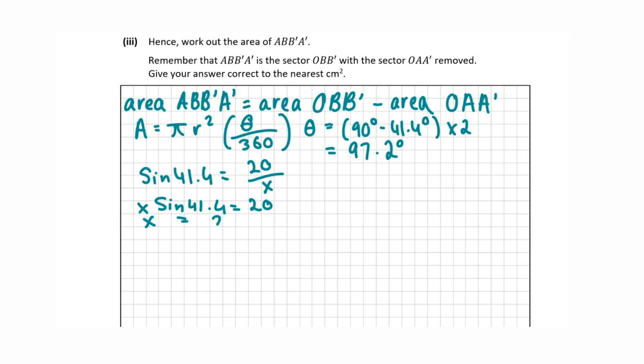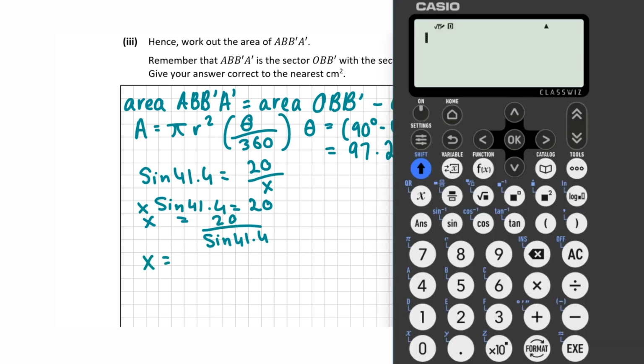So x will be equal to 20 all over sine 41.4, and just need to put that into the calculator. So just the 2 decimal places, that'll give us an answer of 30.24.